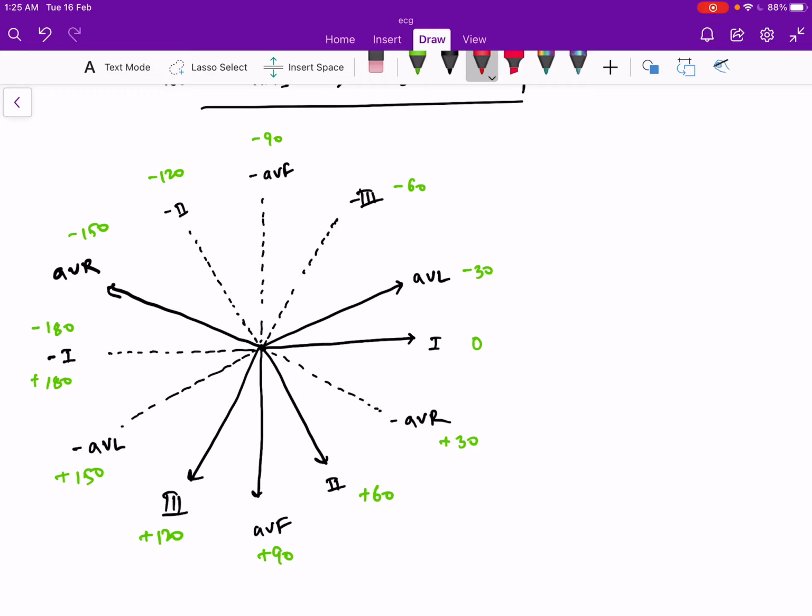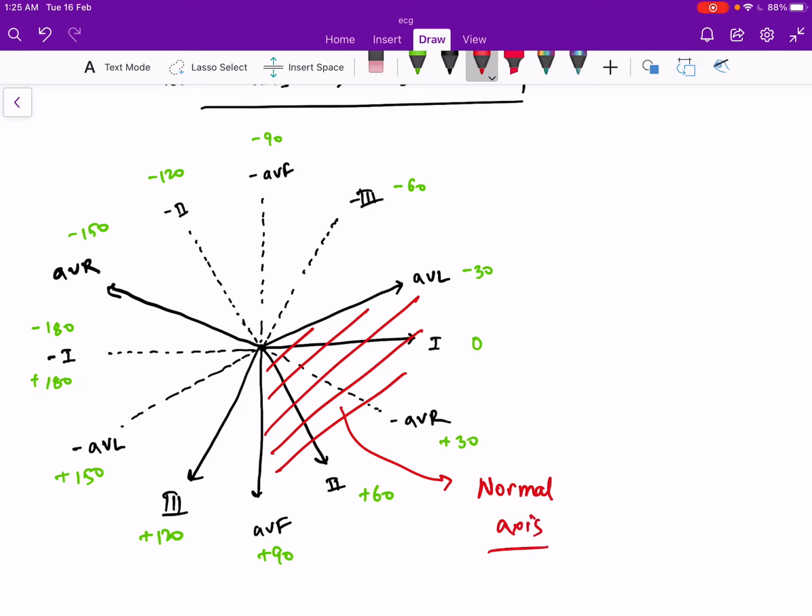The normal axis of the heart lies in between this. This is our normal axis, which is from minus 30 to plus 90.